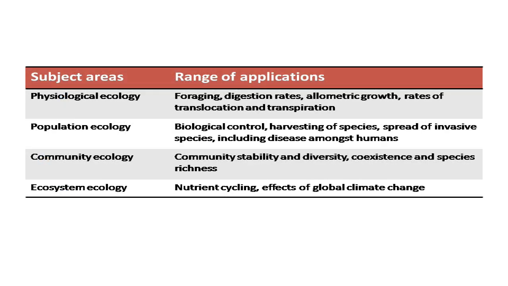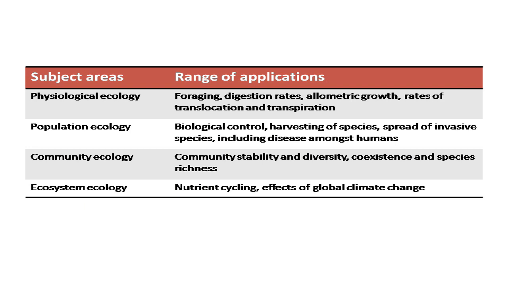So there are many applications for models in ecology. At the physiological scale, you have the processes of foraging, digestion, growth, translocation, and transpiration. At the level of the population, you have biological control, species harvesting, spread of invasive species, and disease amongst humans.